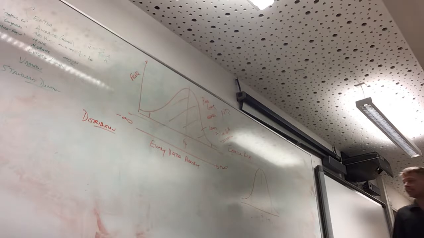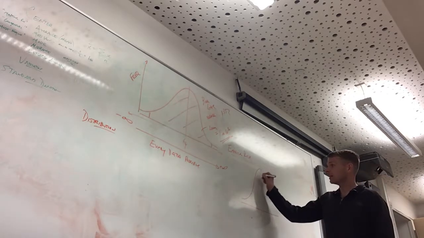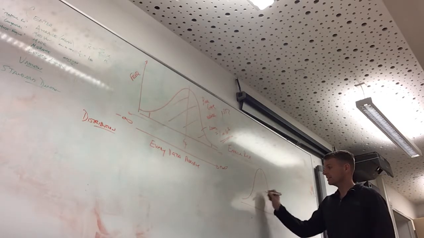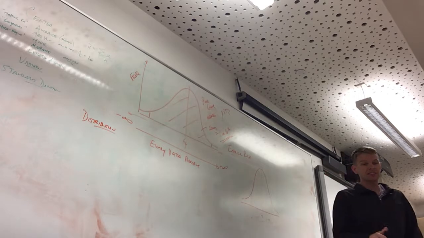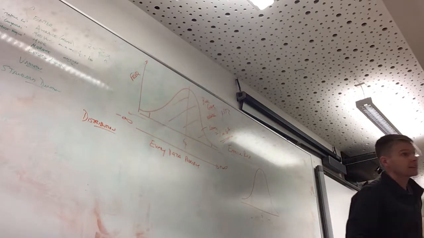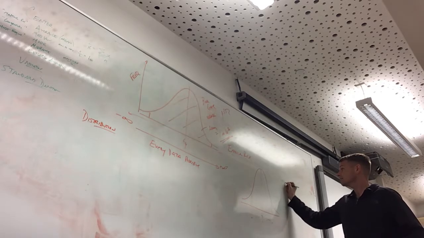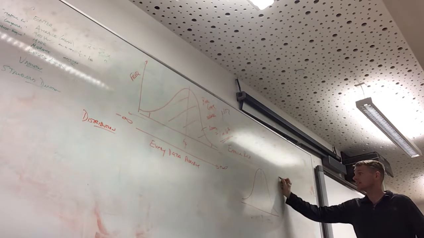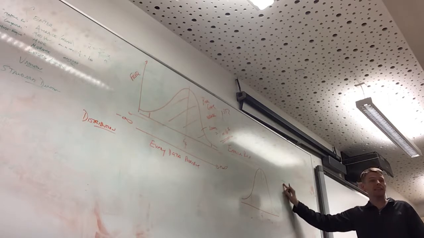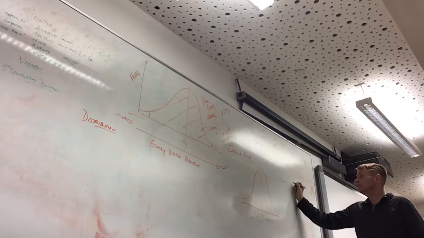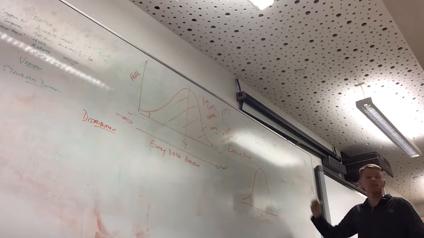Now I say, count up every data point you see in that range. So one standard deviation, I simplify it by saying STDEV, you are going to find 68% of your data.